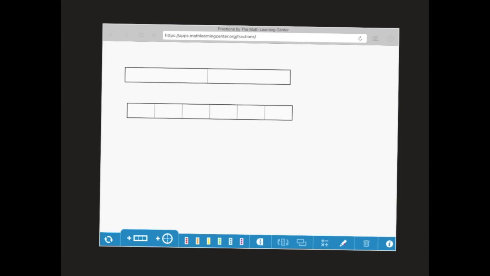So now my numerator and my denominator are different numbers, but if I were to move them around, I would be able to see that if I put them on top of each other, they are equivalent. They are equal. They are the same.